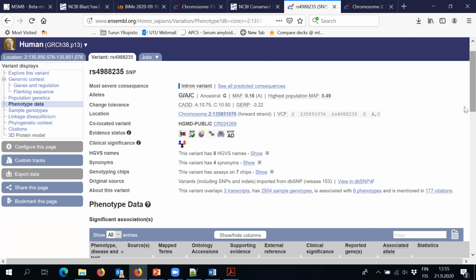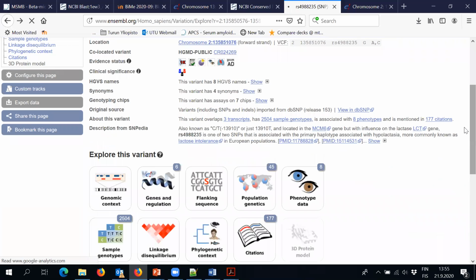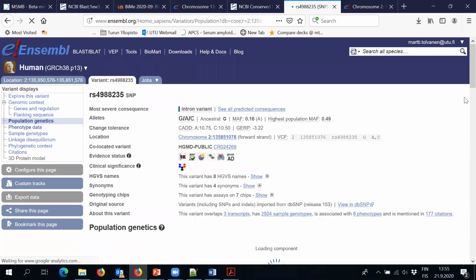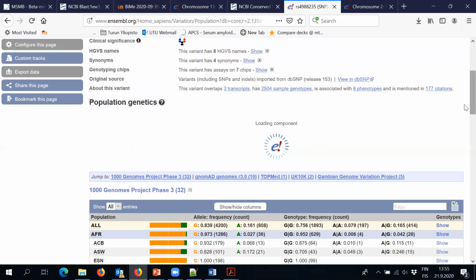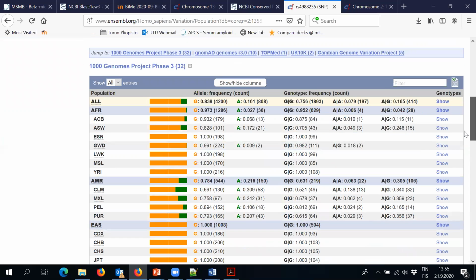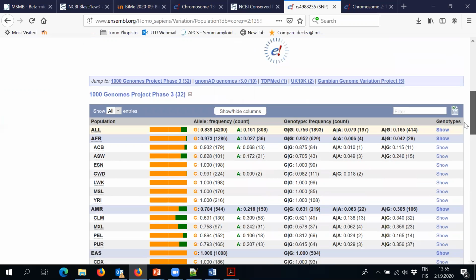And let's see if we have the population data here. I just go back to population genetics. This should give us graphs for many different populations. So here we have the bar graphs, and we should have the pie charts coming up.